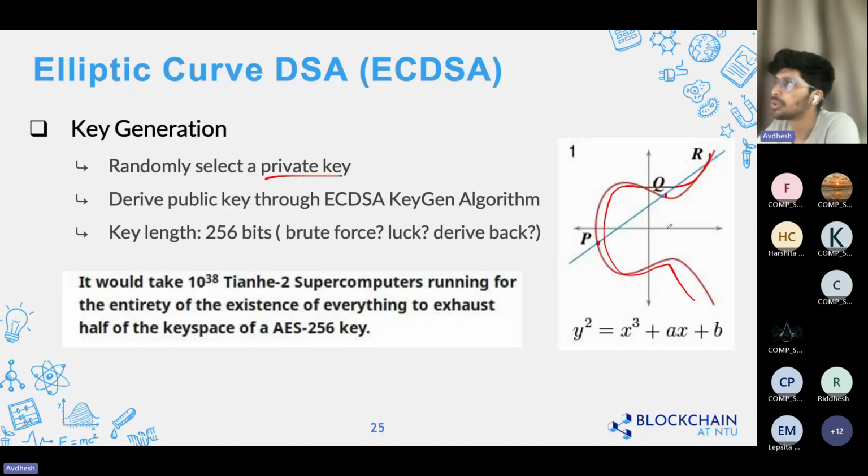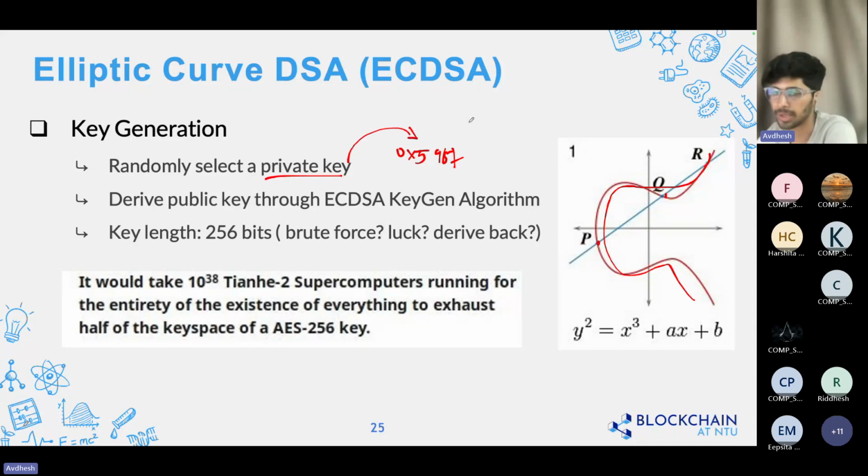The computer will randomly select a private key, something like 0x5987, something random. All the major languages have a random generator, random output generator or something like that.